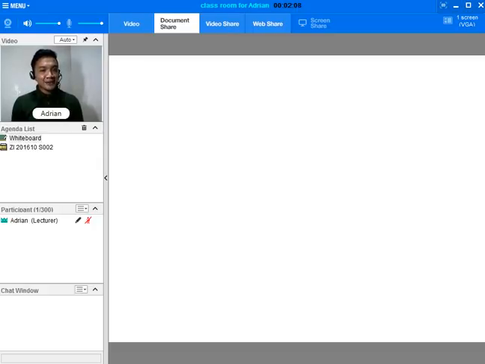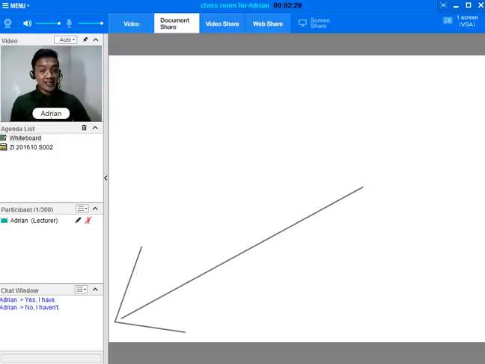Okay, so let's go back to the question. Have you seen a bat before? You can answer, yes, I have, or no, I haven't. Do you see this chat window right here? I've posted the possible answers for the question.